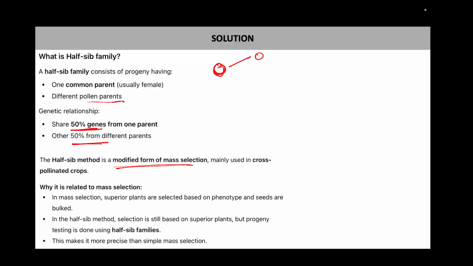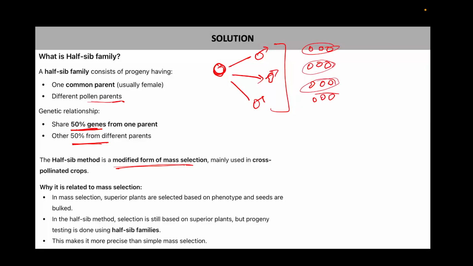And now it is crossed with different males. So now the offspring that come from all of this will become half siblings because they will share 50% of their genetic information, because that is coming from their mother. Only their other 50% genetic combination will be different.